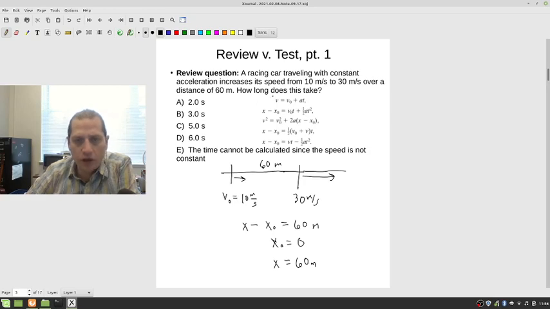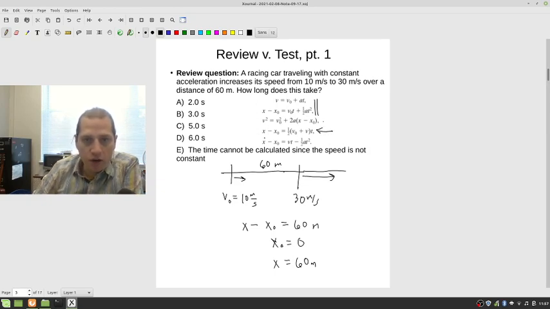Well, there are two ways you could do that. All accelerated motion problems can be done with these two equations. You could, for instance, solve the first equation for the time, stick that time into the second equation, and then you would have basically this equation, I believe.